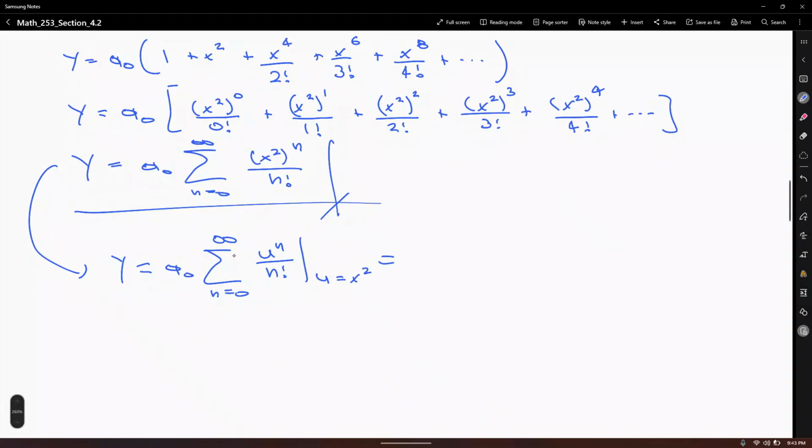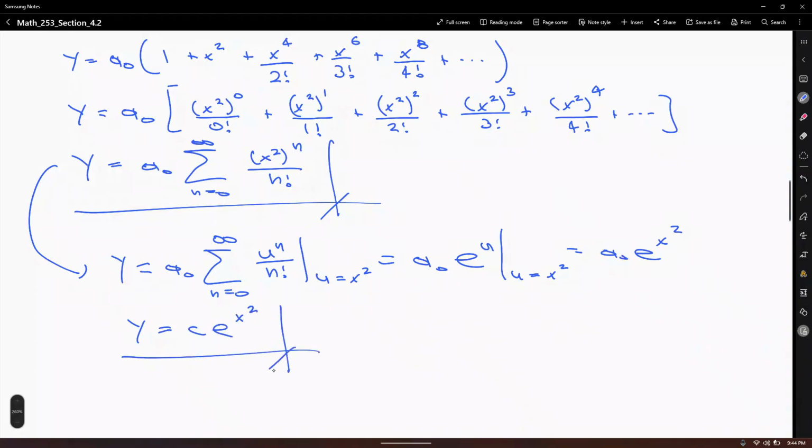And if we recall, sigma n equals 0 to infinity of u to the n over n factorial is the power series representation for the exponential function, that is a sub 0 e to the u, where u equals x squared. Simply back substitute: a sub 0 e to the x squared. And instead of a sub 0, that's actually just a constant, if you will, e to the x squared, and that is the function.